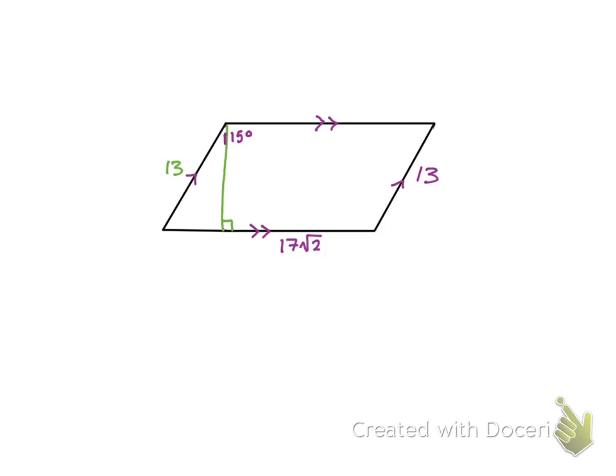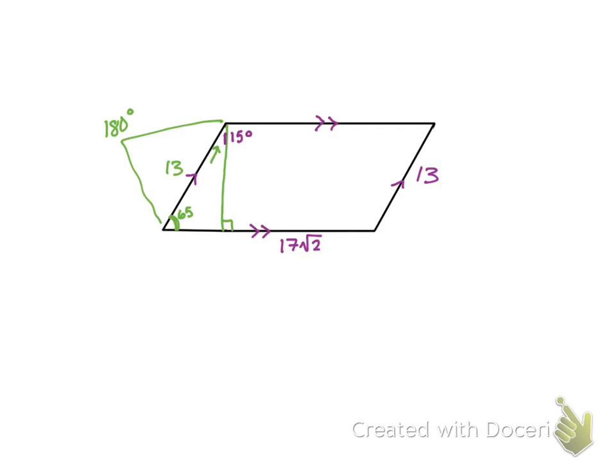The next thing we need to do is figure out what this angle is right here, because this little angle that we just created is not 115 degrees. And this other angle that I just marked out here is also not 115 degrees. But we do know something about parallelograms, that the two angles right there total 180 degrees. That means that this small angle down here must equal 65 degrees.